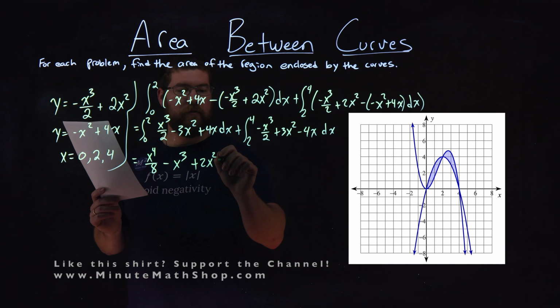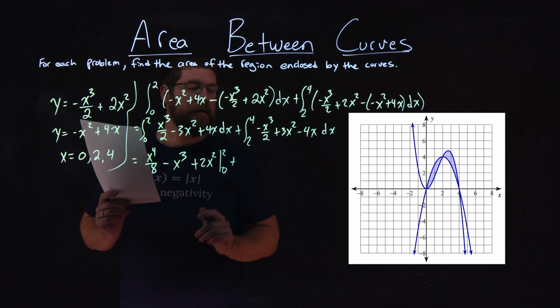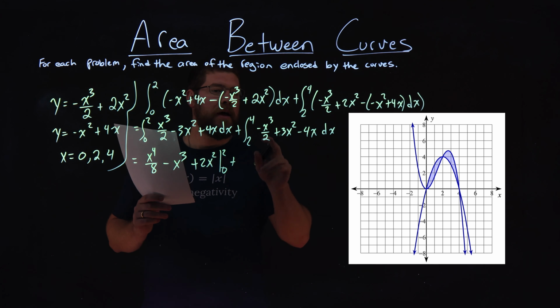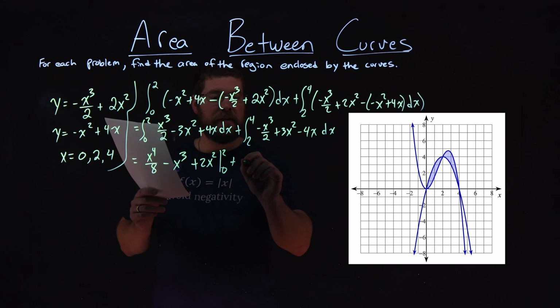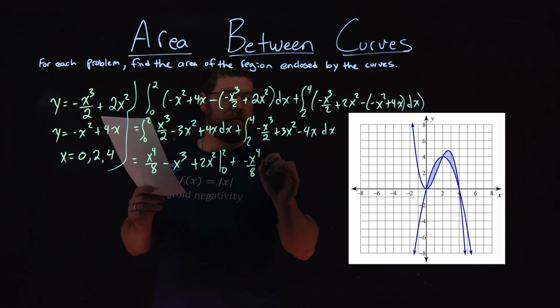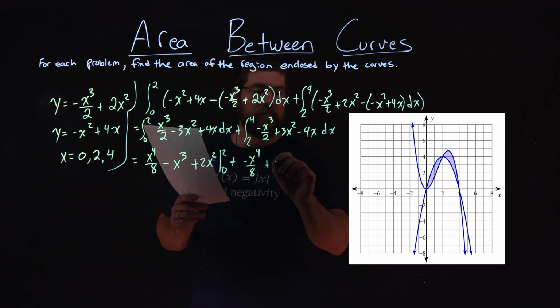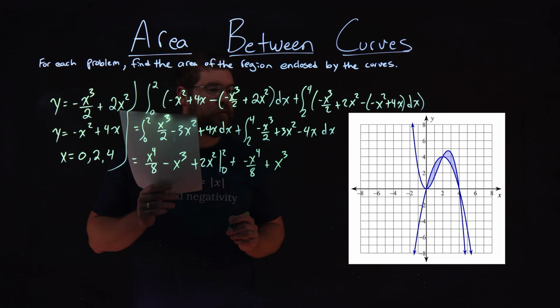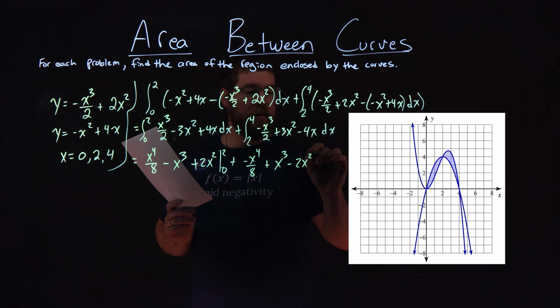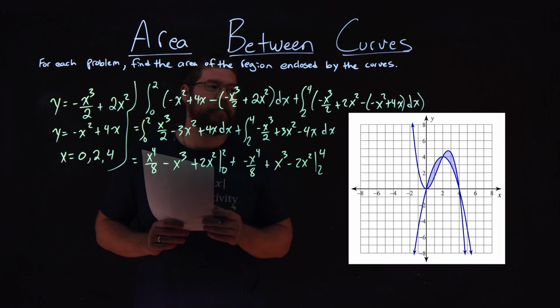And this is integrating from 0 to 2. Same thing here, we integrate the second equation from 2 to 4. Negative x to the third over 2 is negative x to the fourth over 8, plus the integral of 3x squared, which is x to the third, and then minus 4x is minus 2x squared. And we're integrating this from 2 to 4.